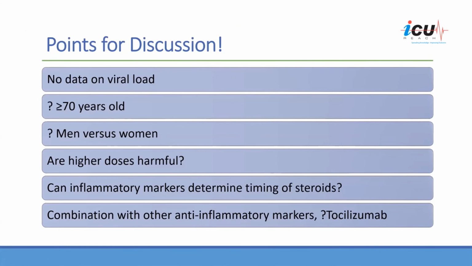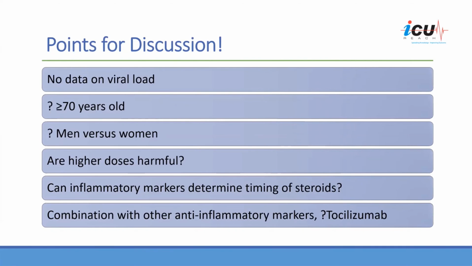So there are still questions in this study that need to be discussed, and we don't know whether we have more data coming. I know that they're doing dexamethasone now in pediatrics, and I'm not sure if we're going to get more information about it. So the first thing is that the study does not provide us with data on viral load.